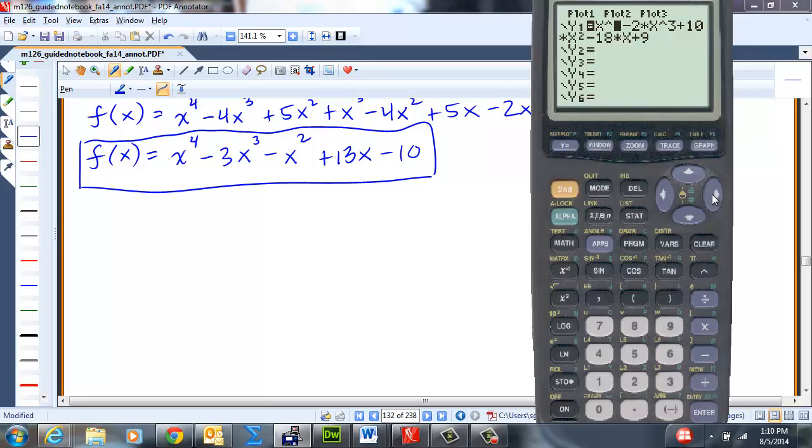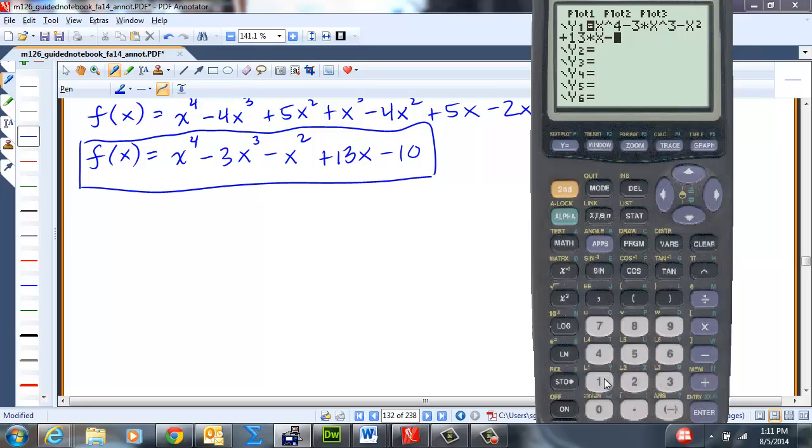So x to the fourth minus 3x cubed minus x squared and then plus 13x and then minus 10.